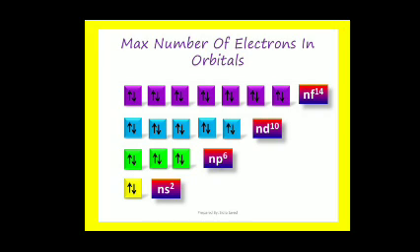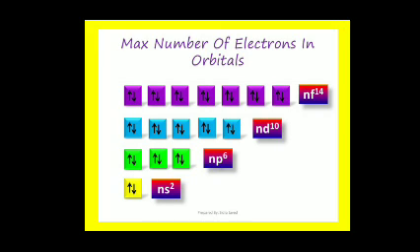dxy, dyz, dzx, dx square minus y square and dz square. These 5 degenerate orbitals are available in the d orbital. F orbital has 7 degenerate orbitals.